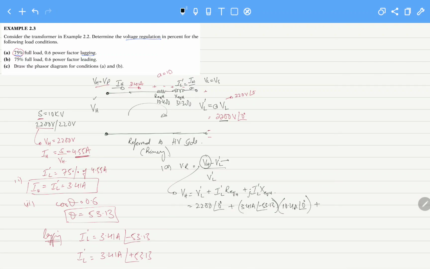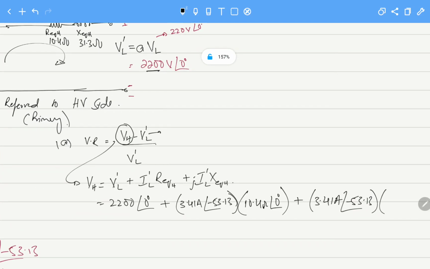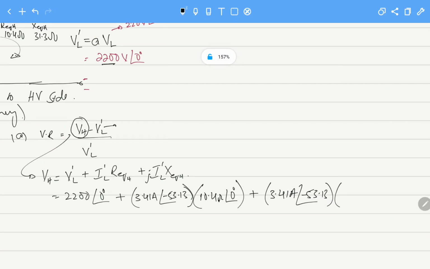We have angle 0 because it is a resistor. And then we have again 3.41 ampere at minus 53.13, and we have 31.3 at angle plus 90, or this is actually j31.3.